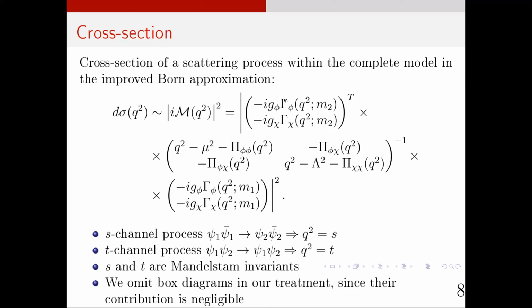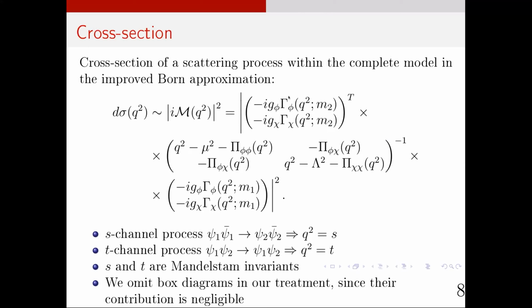It consists of the Yukawa vertices of final fermions and initial fermions, and there is also a contribution of scalars to the two-point Green functions.